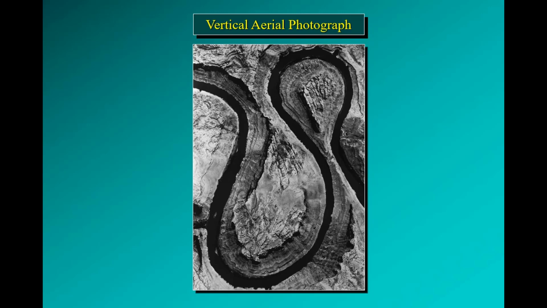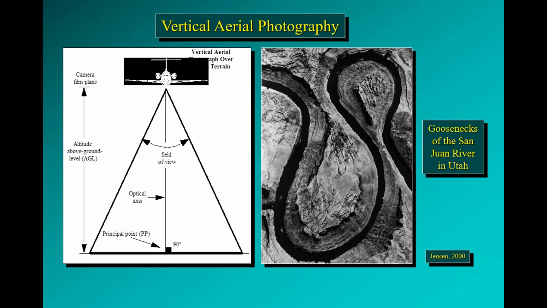So for vertical aerial photography, this is a profile schematic diagram of the image acquisition process. We have our camera system mounted on an aerial platform. We have a field of view and an angle that describes that field of view, the angle over which we are accepting photons into our camera system.